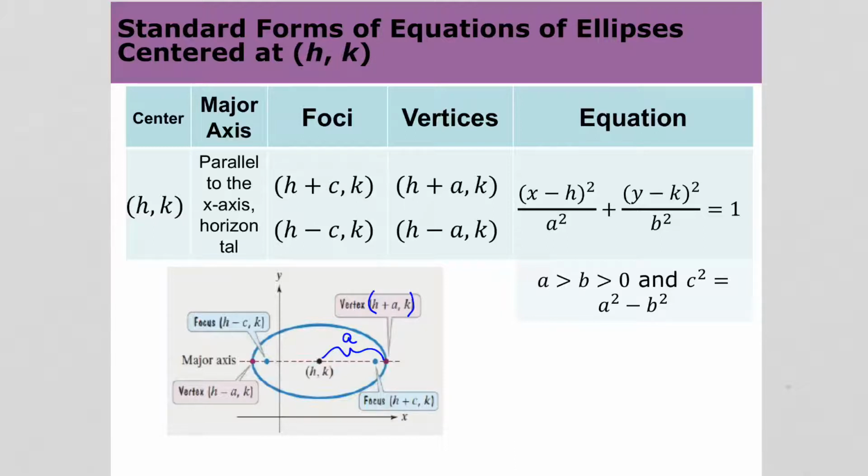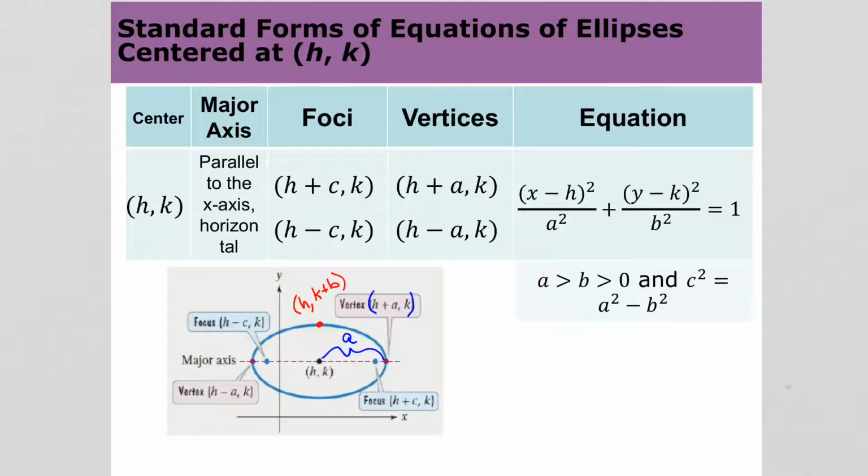For the other vertex, it would have the same x value, and then k plus b to get to that vertex.